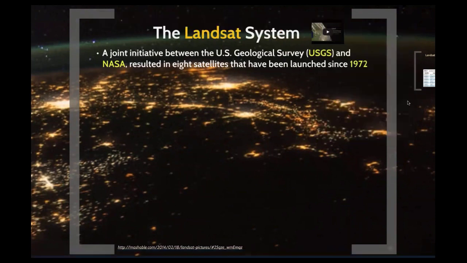So, okay. The Landsat system has a long history, starting in the early 70s, 1972, and it's a collaboration between USGS and NASA. It has global coverage, which is a major thing, because even if you're interested in underdeveloped countries where data are not usually available, Landsat will give you access to historical change analysis.